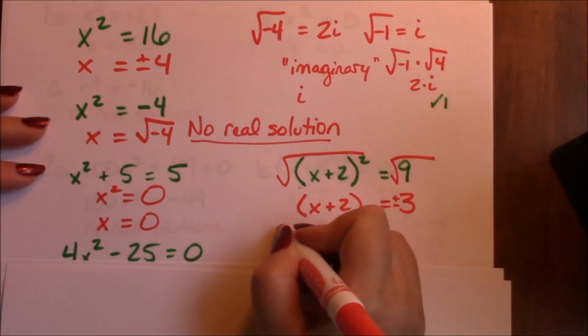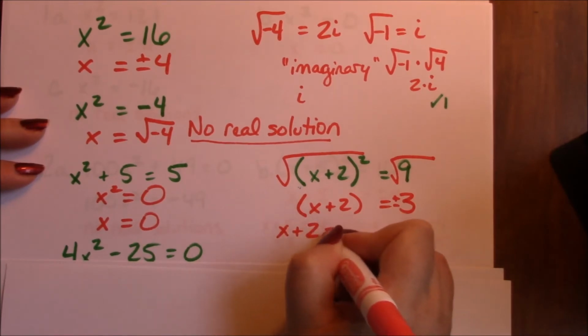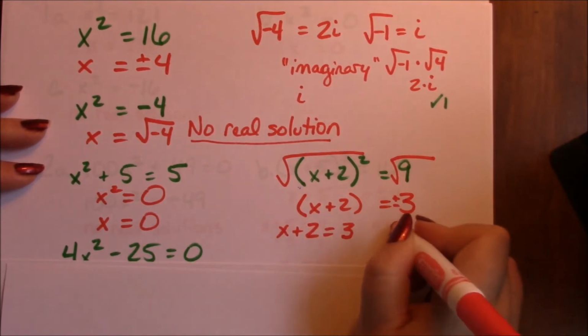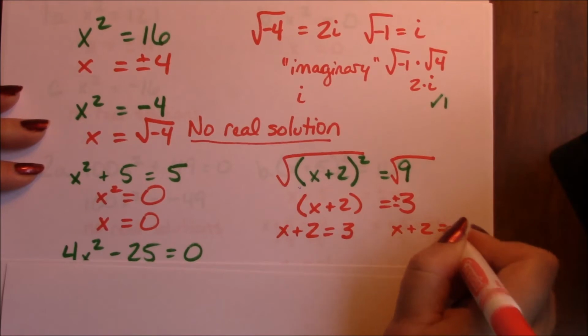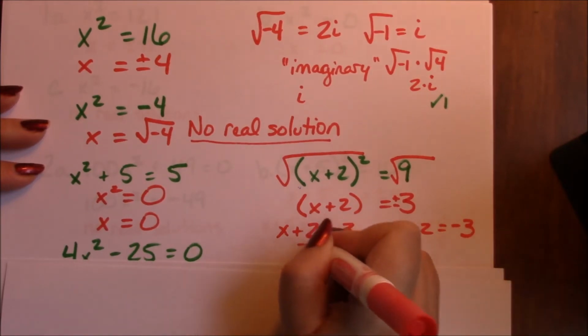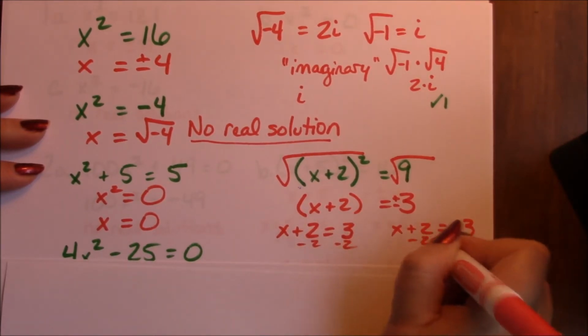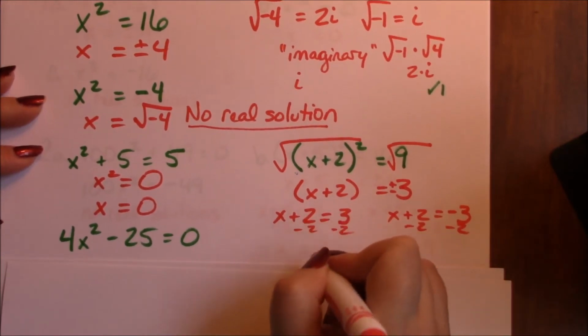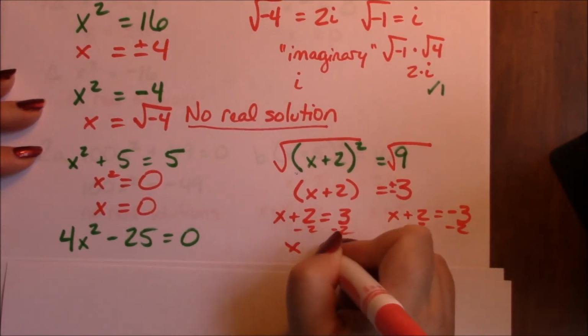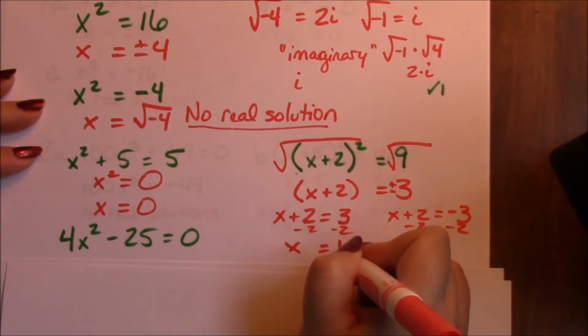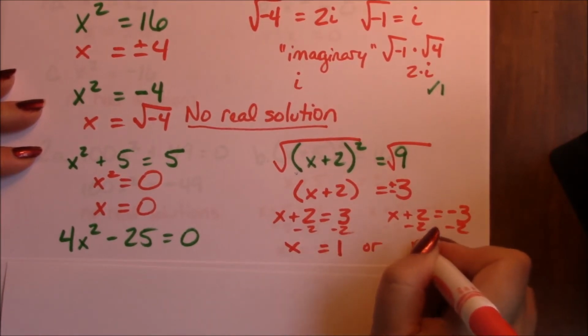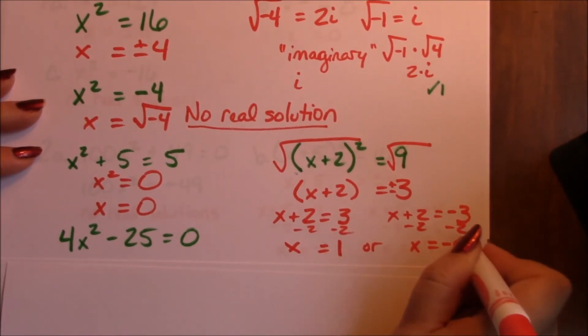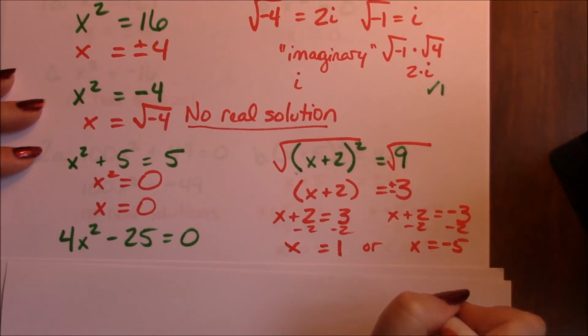So I'm going to say x plus 2 equals 3, and x plus 2 equals negative 3. And when I subtract 2 from everything, I end up with x equals 3 minus 2, which is 1, or x equals negative 5. Got it?